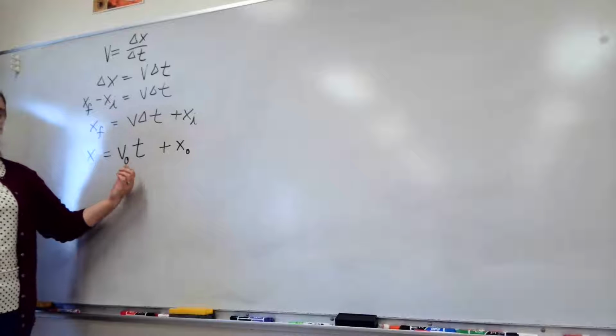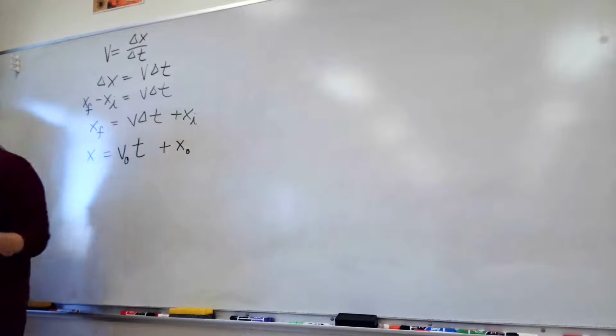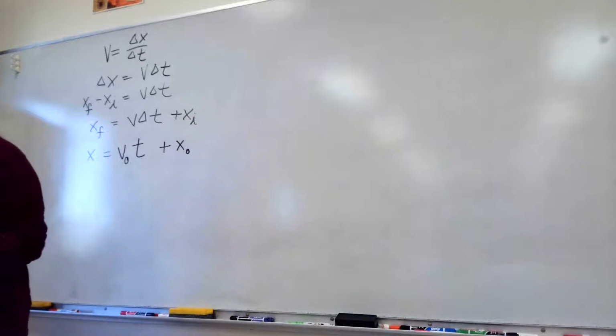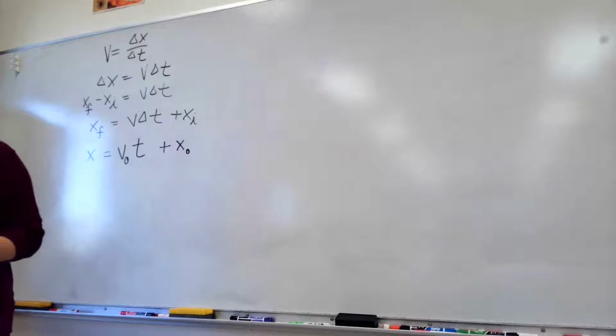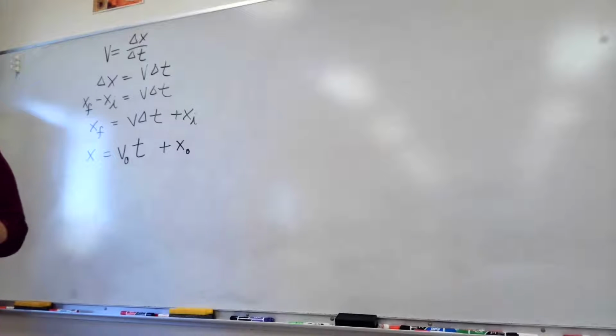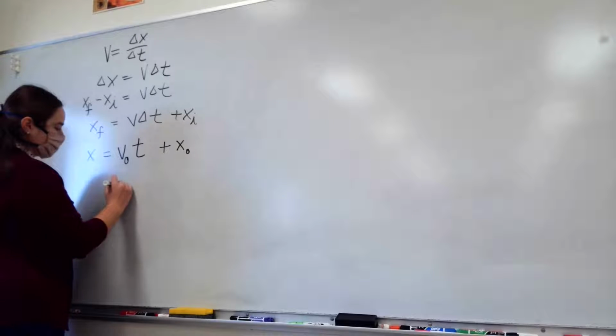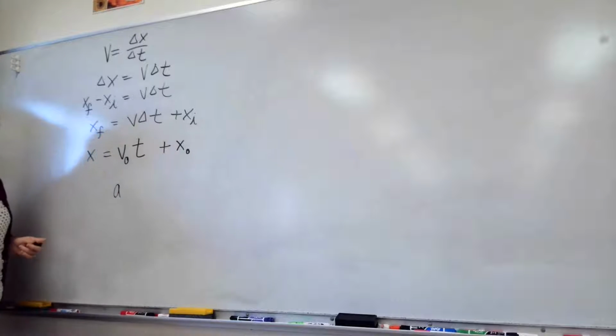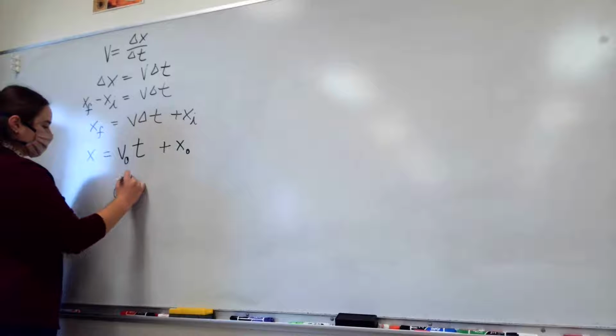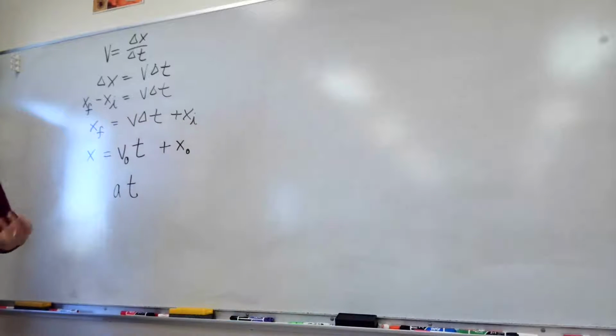Yeah? Okay. So the next term we want to add on needs to tell us how far we go if we accelerate for a certain amount of time. Okay? So we know that we need to have something to do with an acceleration and something to do with time in that term.